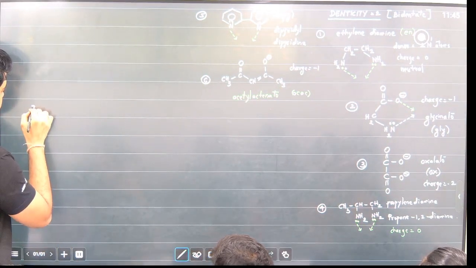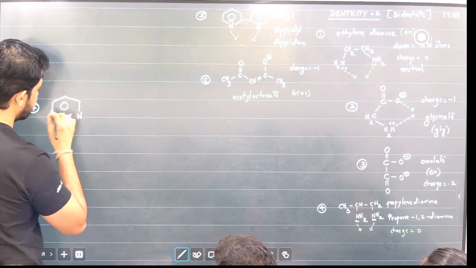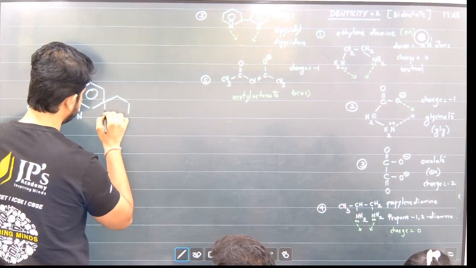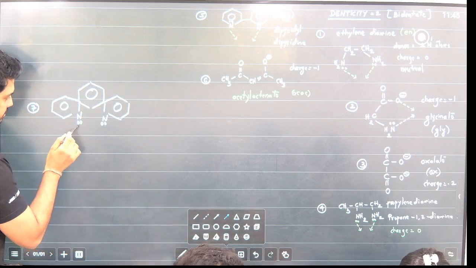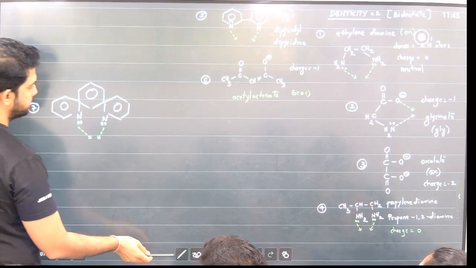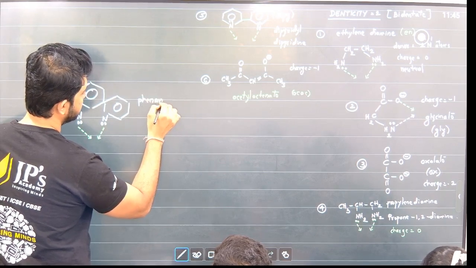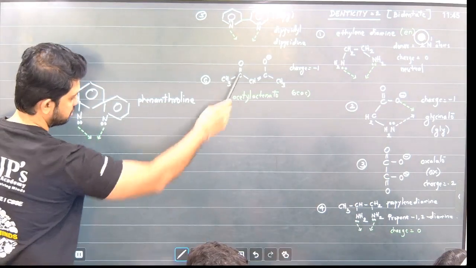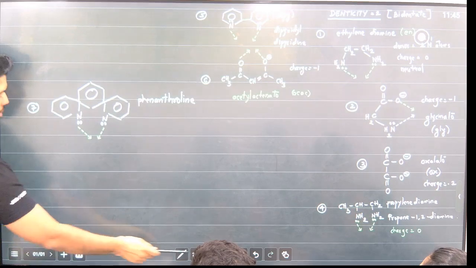Next. Nitrogen donor atoms. This is called as oxygen. Okay, this is called as phenanthroline.